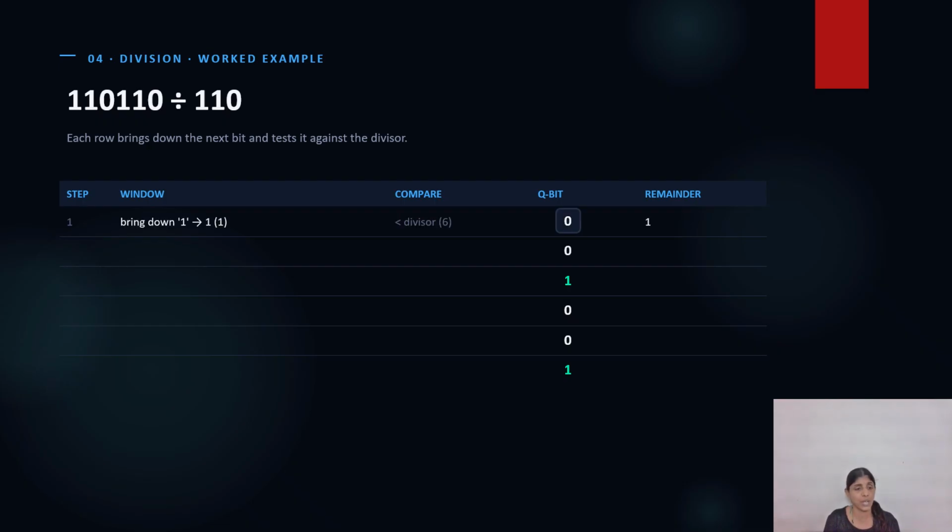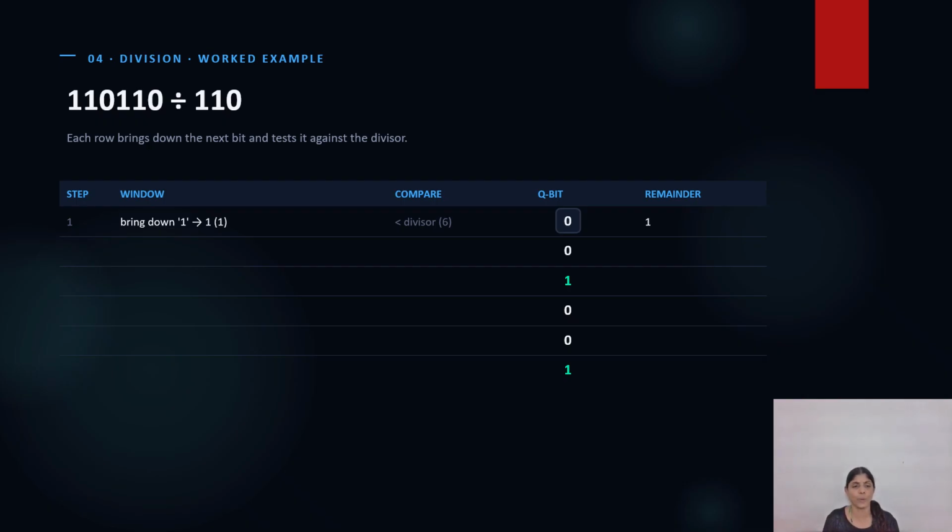We will see. Step 1. In step 1, kindly take the MSB of the divisor as well as the dividend MSB, right? Okay. So what is your MSB? 1. So 1 should be divided by 110. What is that 110?